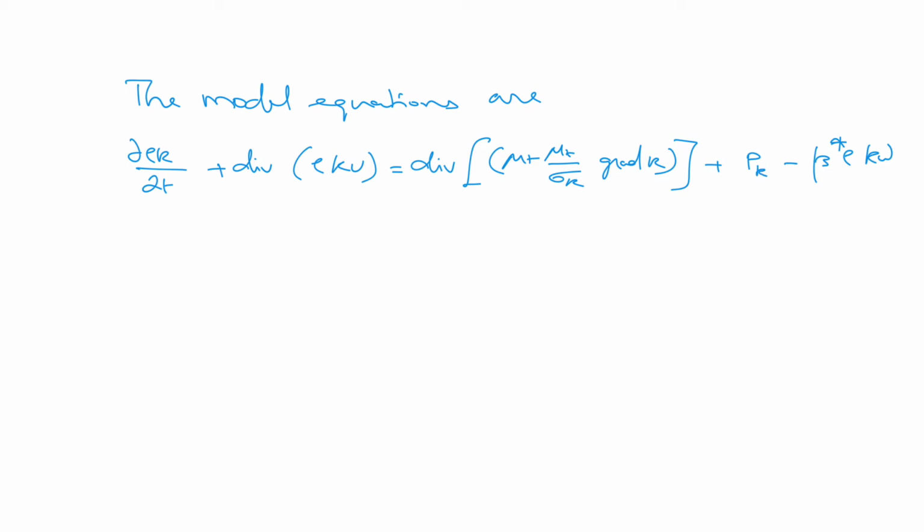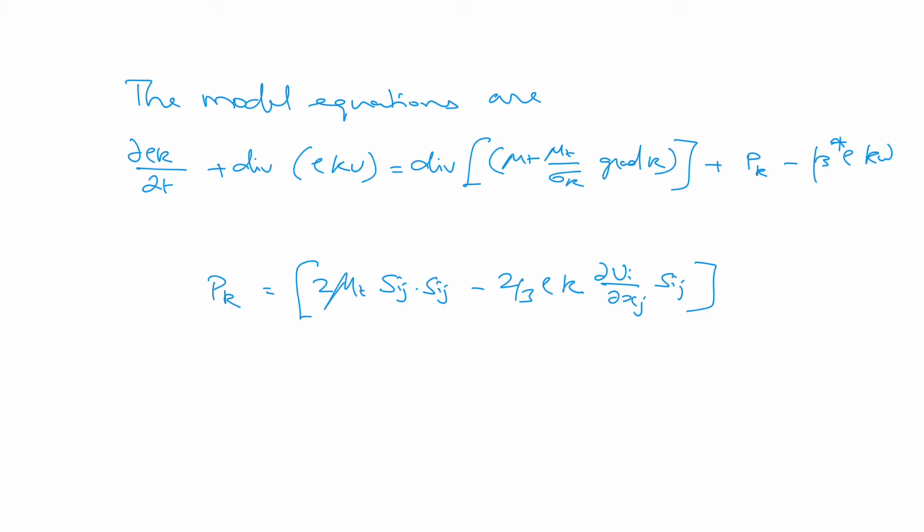Here this production term is given by 2 mu t sij minus 2 by 3 rho k dou ui by dou xj sij. This is the rate of production of turbulent kinetic energy.